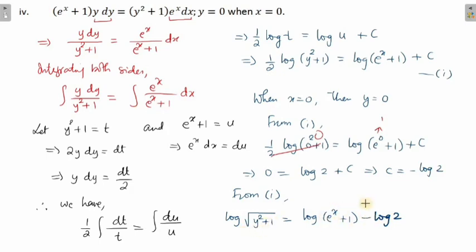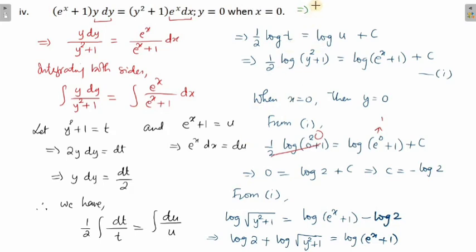Or else if you want, take this here and you get log 2 plus log of root over y square plus 1 is equal to log of e to the power x plus 1. Log a plus log b is log ab. We have a small part left, 2 more steps.